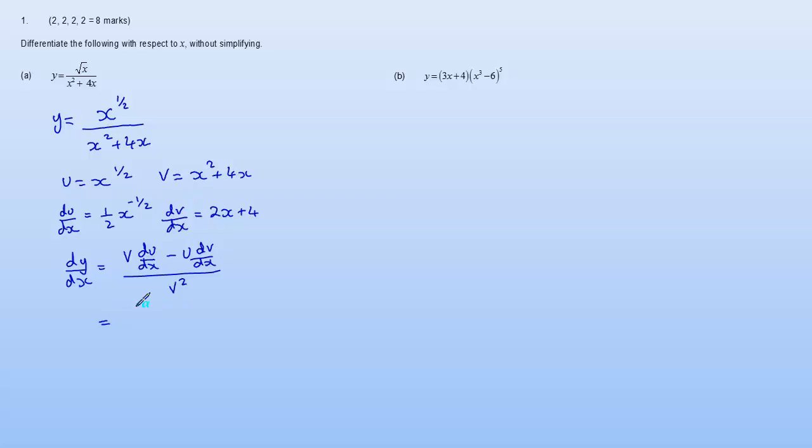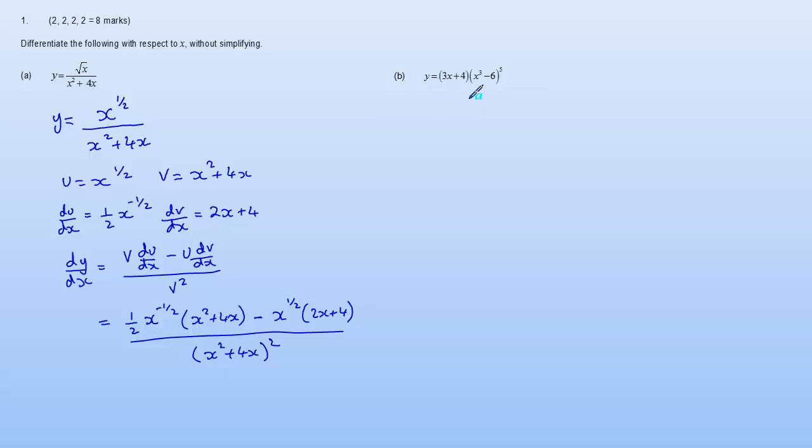So that's this one times this one, so we can say a half x to the negative a half, x squared plus 4x, take away u dv dx, so that's x to the half, 2x plus 4, all over x squared plus 4x, all squared. And we can leave it there because we don't have to simplify.